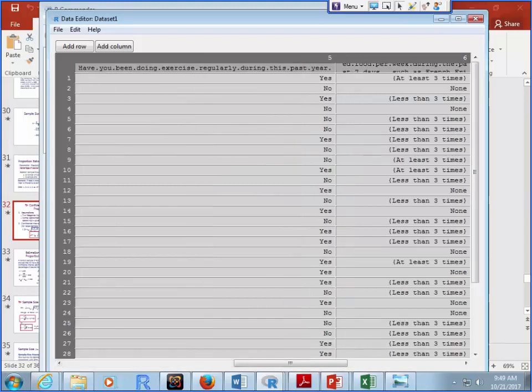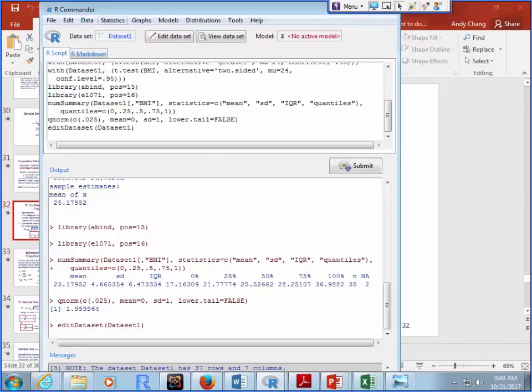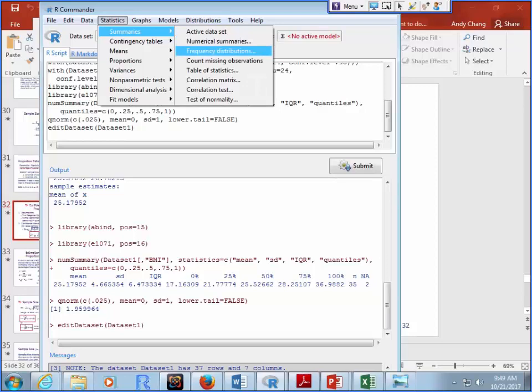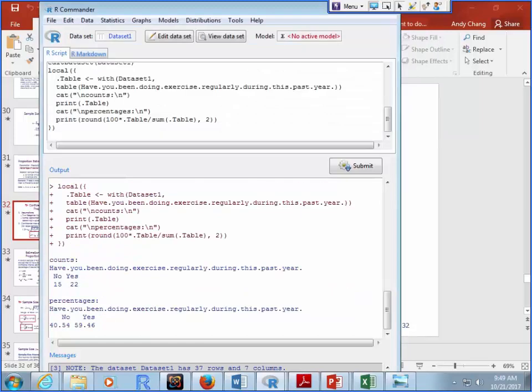Have you been doing exercise regularly? Yes and no. You can use Archimedes to help you quickly get some statistics. Click OK, and you get the frequency. It actually gives you the proportion, 59.46. That's even better, so you have the p hat already.